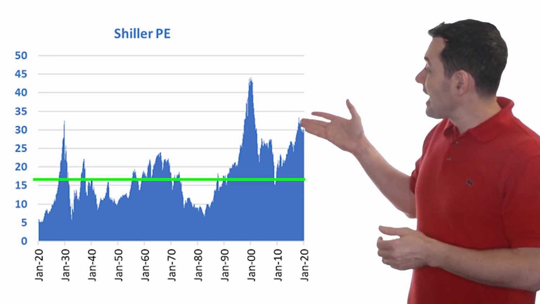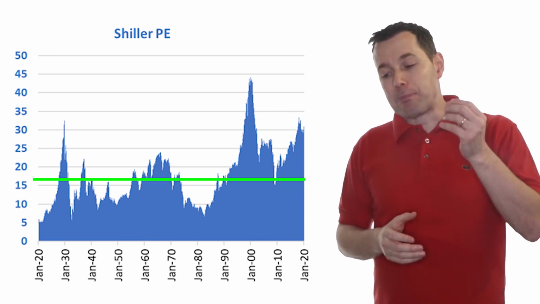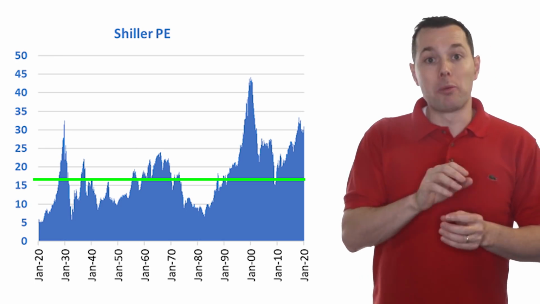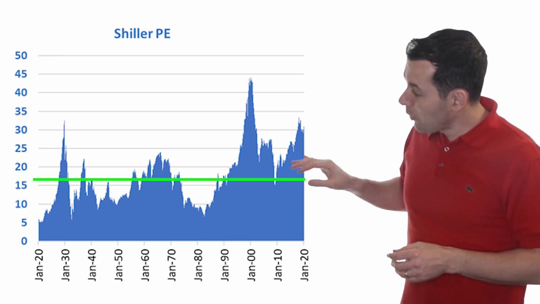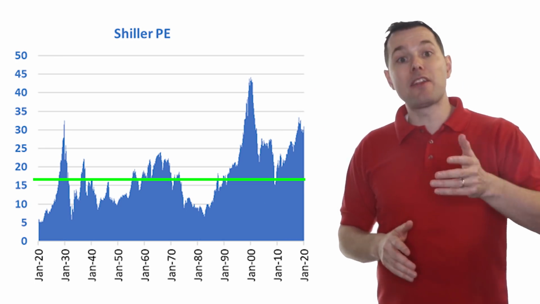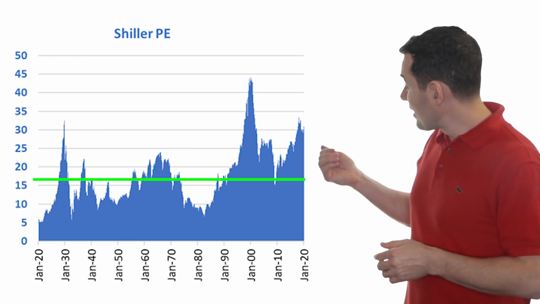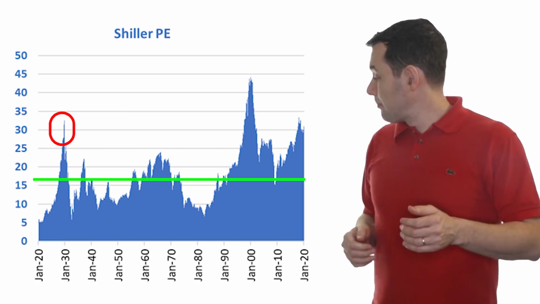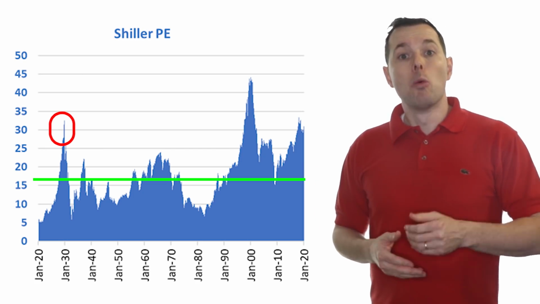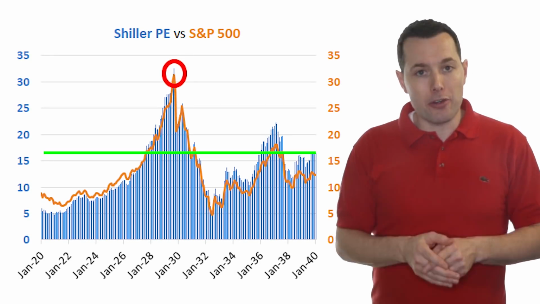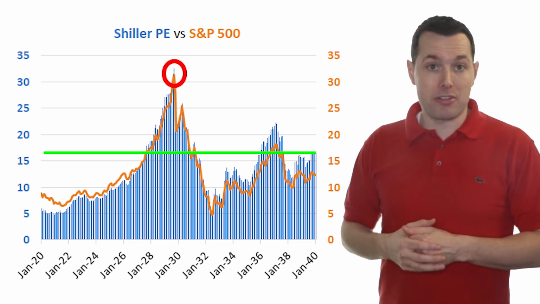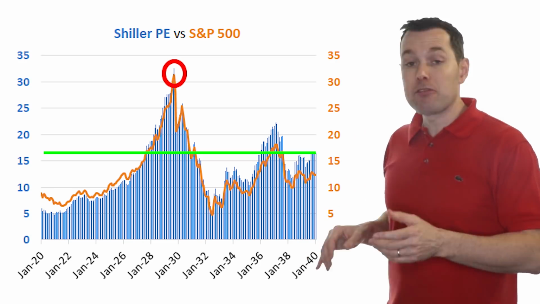So in theory, anything above this green line is supposed to indicate weaker performance over the next 10 years. Anything below the green line is supposed to indicate that there will be better performance over the next 10 years. Clearly, when the Shiller PE ratio got above 30 back here, this was back in 1929, well, if we were to zoom into the 20s and 30s, and then we would add the S&P 500 to this, well, the S&P 500 is the orange line.